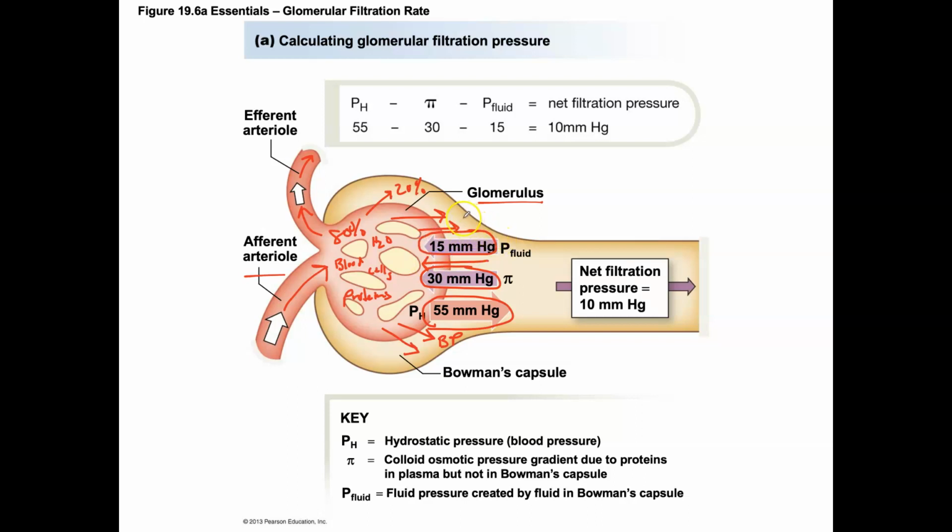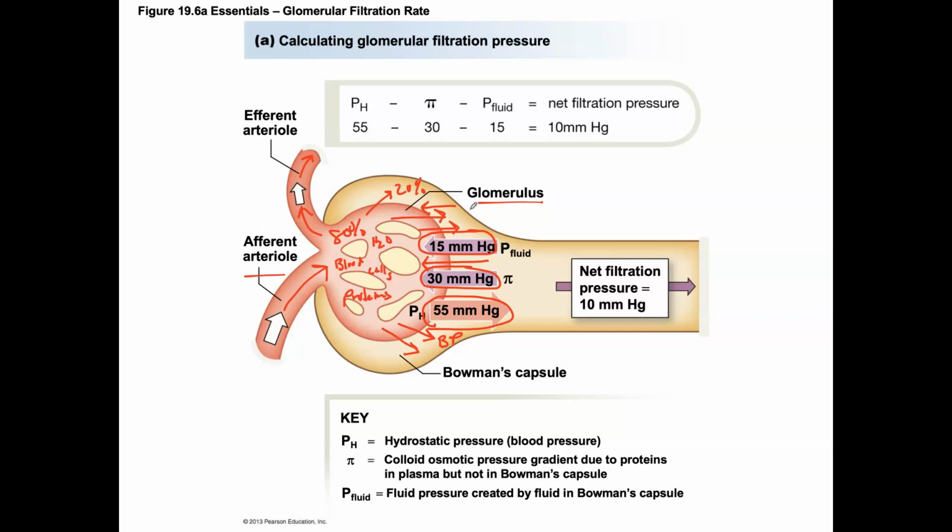That's the pressure in the Bowman's capsule because there's fluid in the nephrons, and it's pushing against the blood pressure as well.